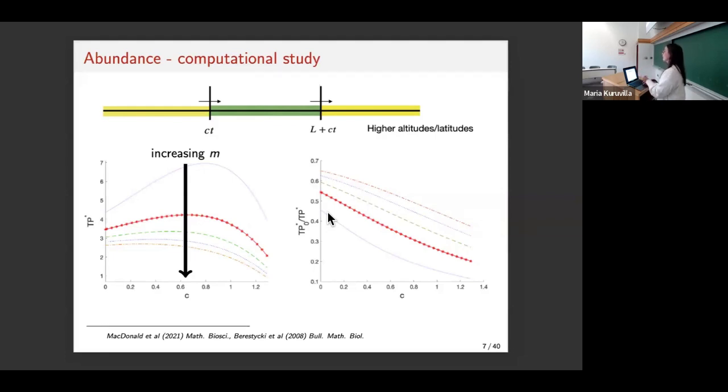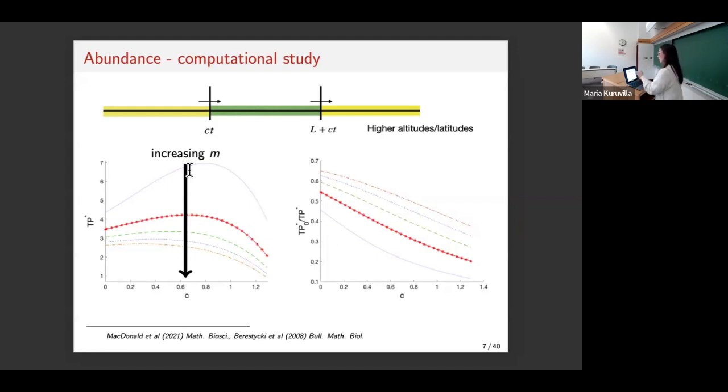So what's happening here is that our total population is expanding outside, so there's an increase in abundance due to an increased abundance outside the suitable habitat. So what we are seeing is actually a reduction in competitive pressure inside the suitable habitat, which increases productivity inside the suitable habitat.